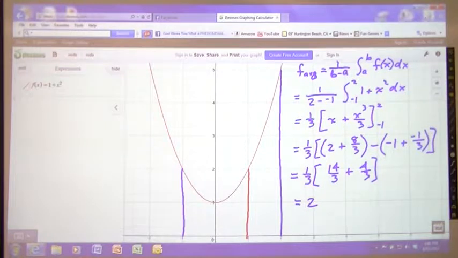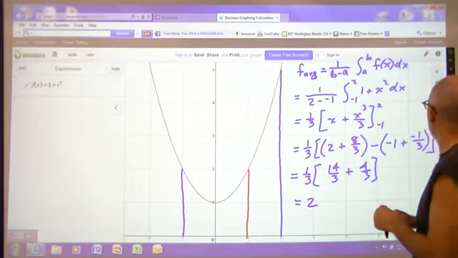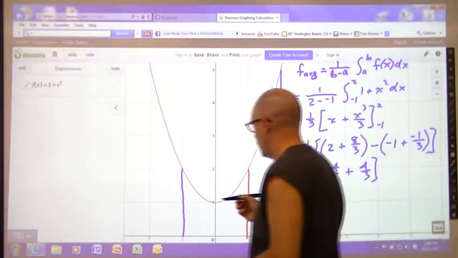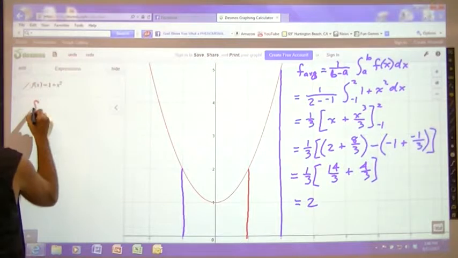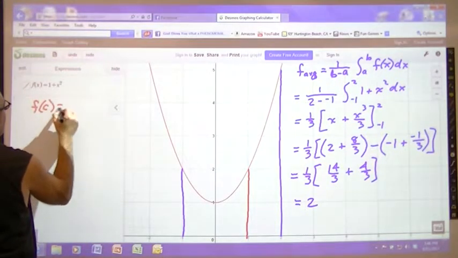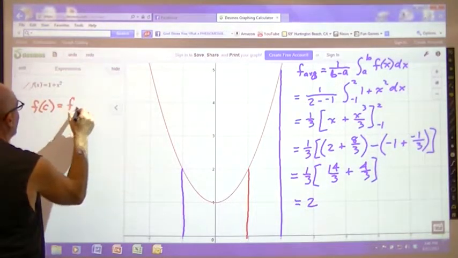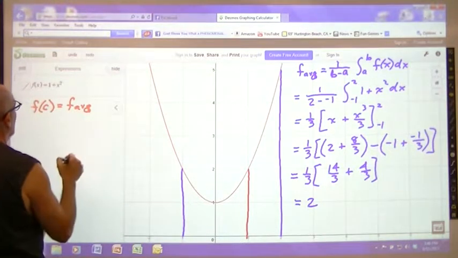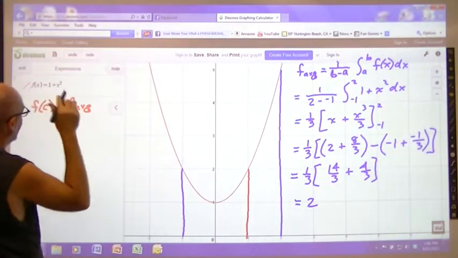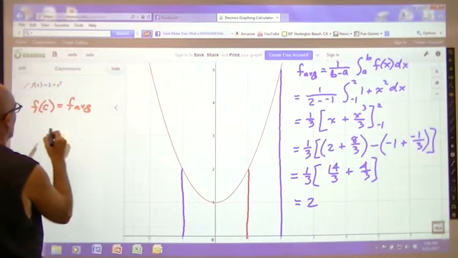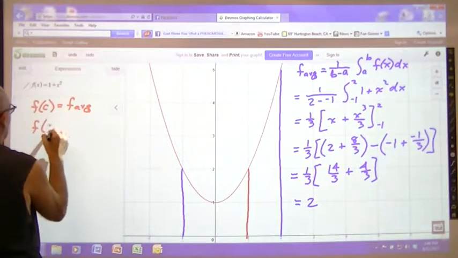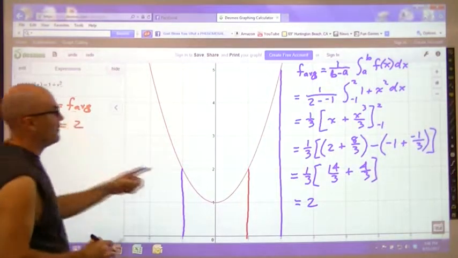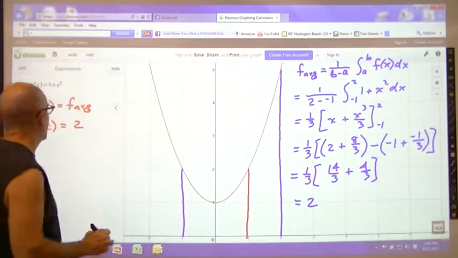So, okay, if you wanted to do that algebraically, then what we do is we go f of c equals f of average. So f of c equals 2, because we found out that's the average value of this function.